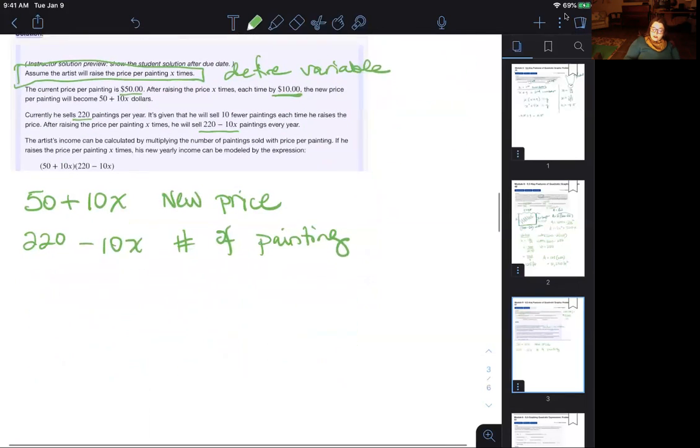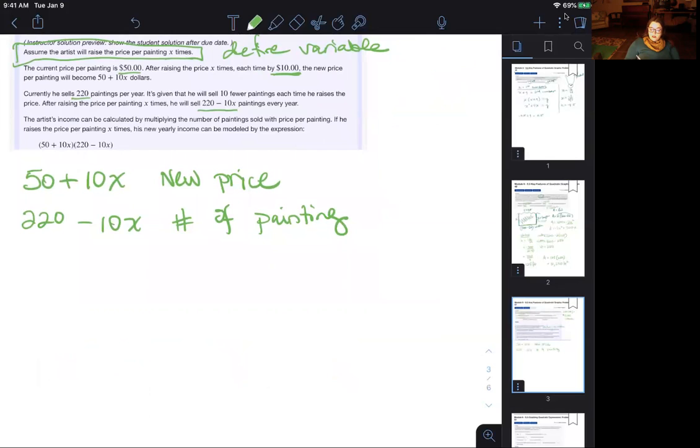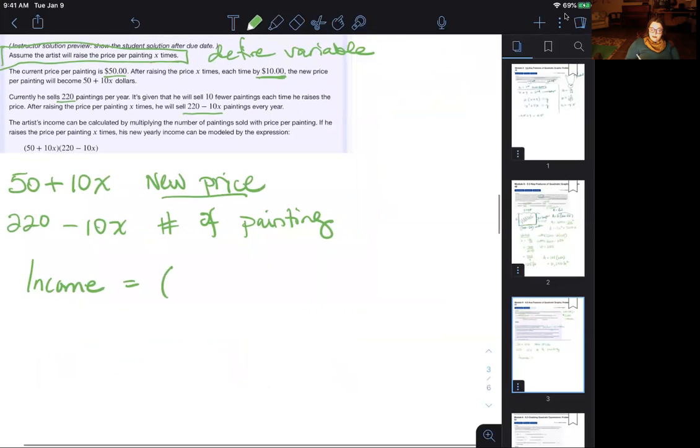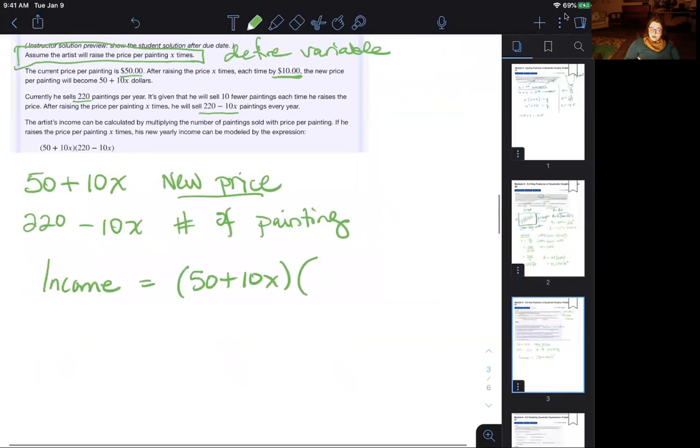So if we want to write an equation that would represent their income, the income is going to be equal to whatever the price is, so $50 plus 10x, times the number of paintings they sell, which is 220 minus 10x.